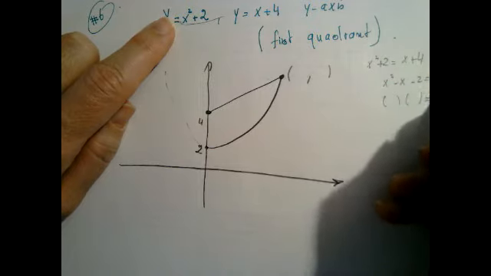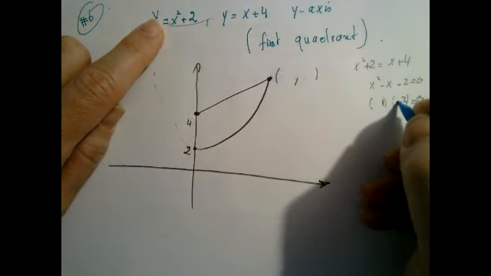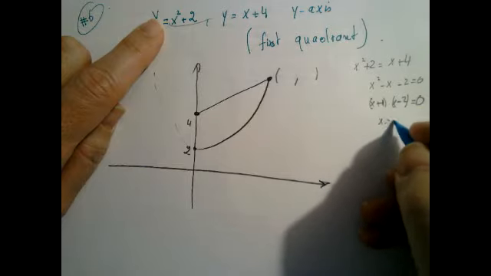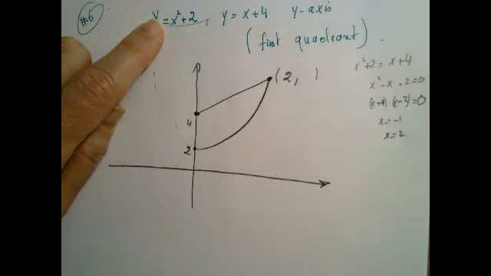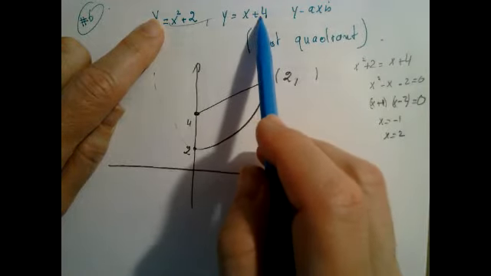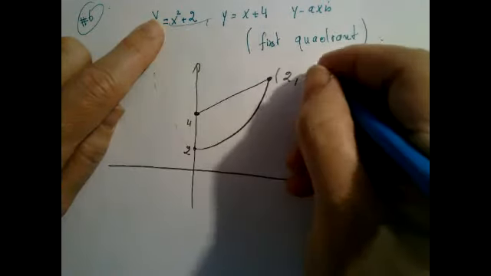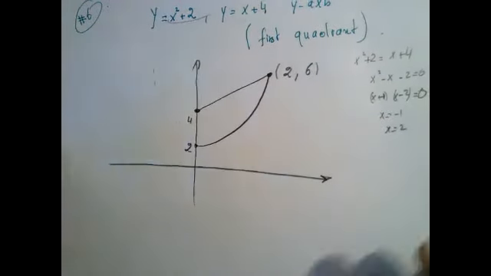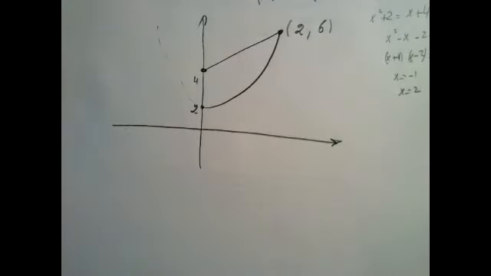I factor it, and I will have x minus 2 times x plus 1. That gives me x equal to minus 1, and x equal to 2. So x equal to 2. And to make sure I'm doing it right, I plug 2 into this equation, I get 6. I plug 2 into here, I get 6. My computation is correct. All right, so that's the region. And now I'm going to rotate it around several axes.